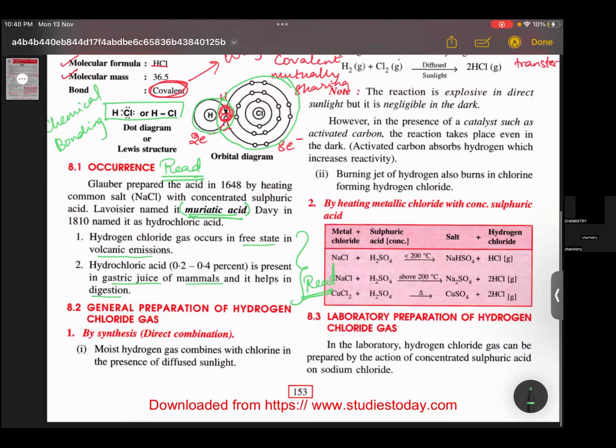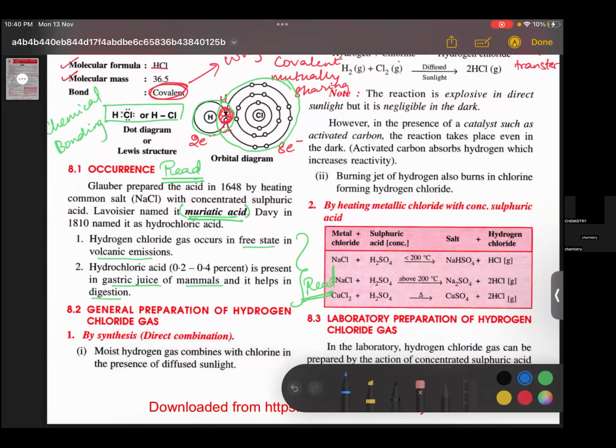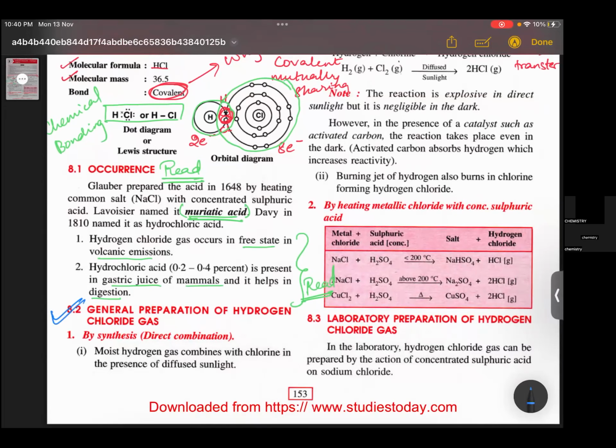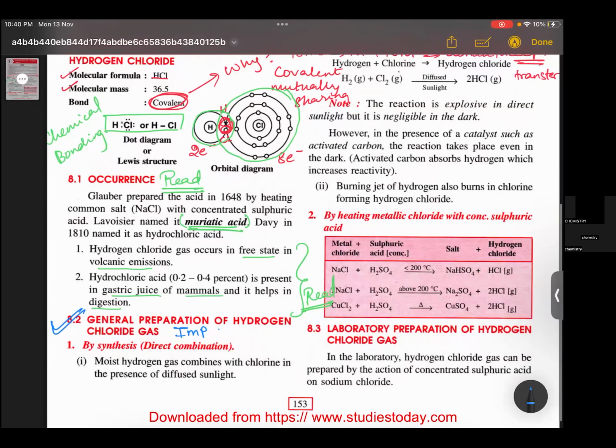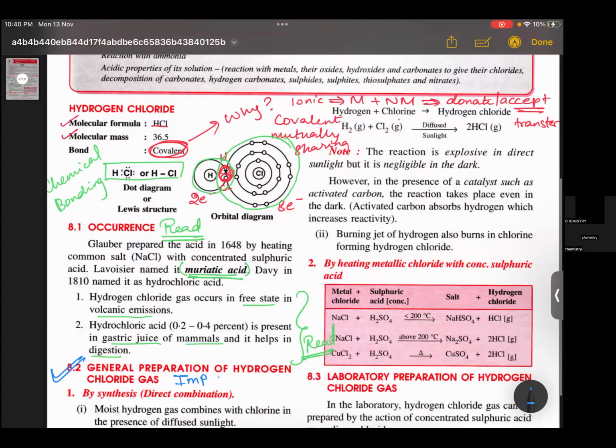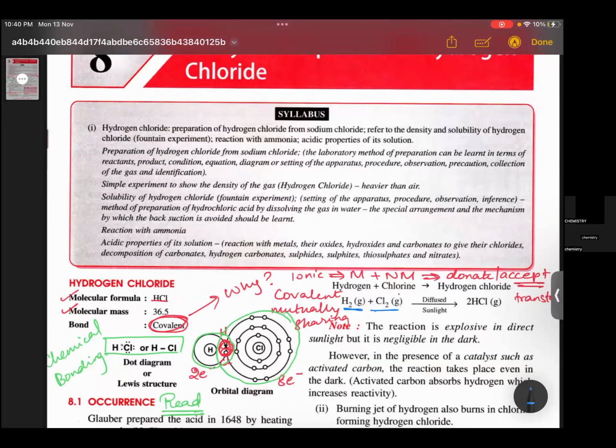Now, general preparations of hydrogen chloride. This topic is very important. The first thing we're going to look at is synthesis, that is direct combination. So in this you have hydrogen, H2 gas, plus Cl2 gas in the presence of diffused sunlight giving 2HCl gas.